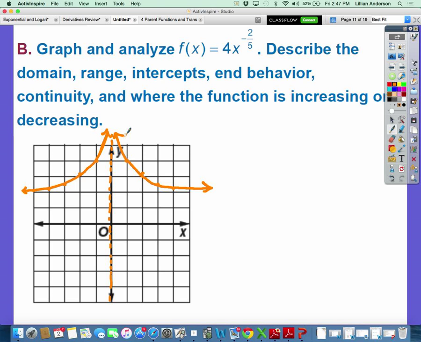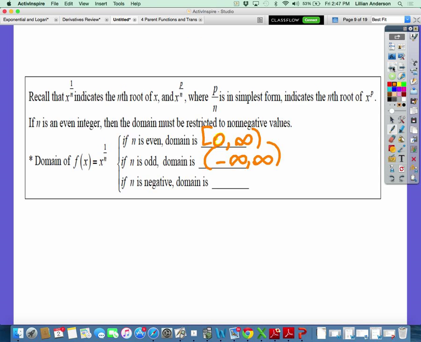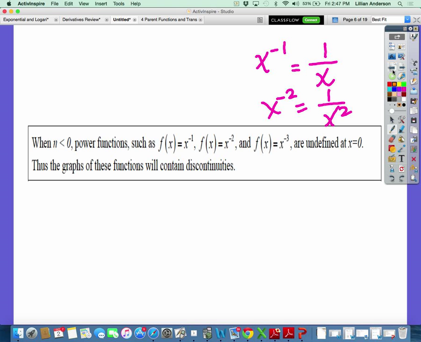What does the negative do to that x? Think about it. When we had x to the negative 2, what did that turn into? It turned into a reciprocal, 1 over x squared.